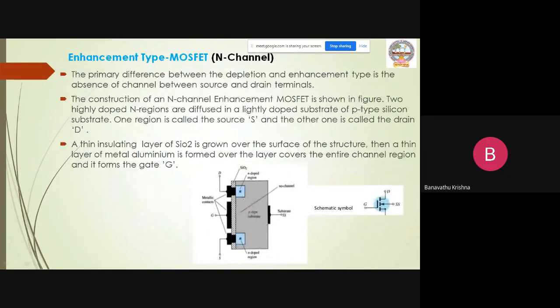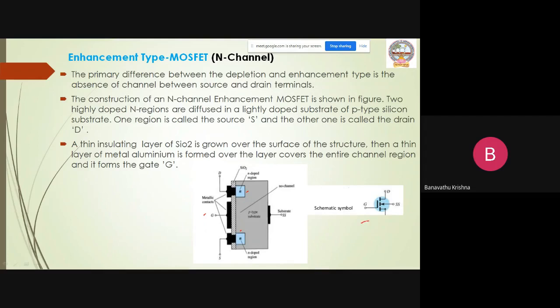Let us see in the previous slide, in the depletion mode device, the channel is established in between source and drain. But here there is no channel in between source and drain. So here we need to establish the channel in between source and drain by applying the positive voltage at the gate. Initially there is no channel.